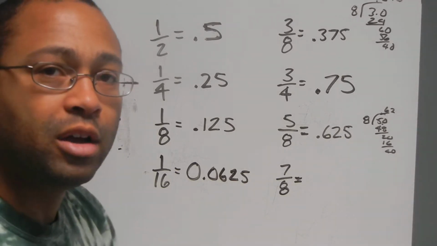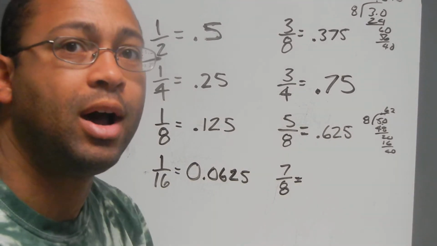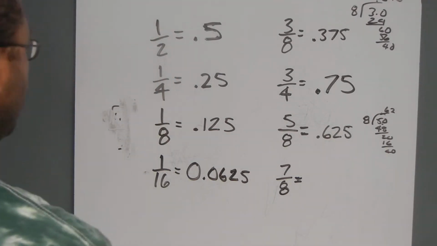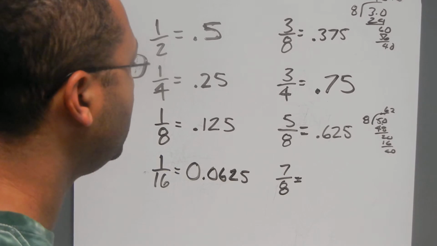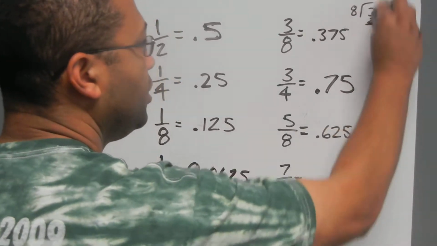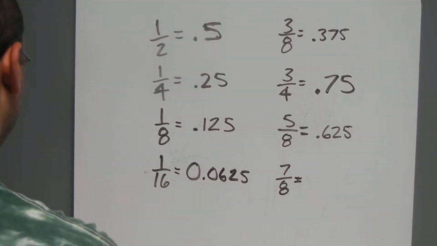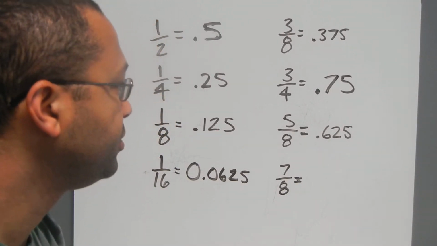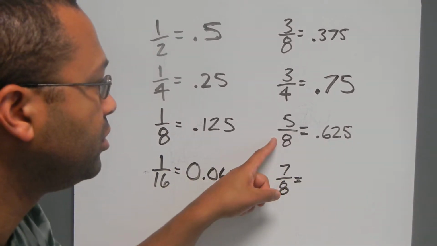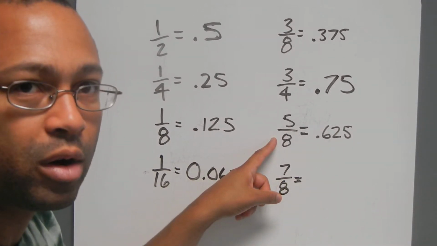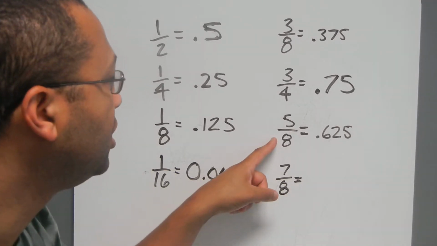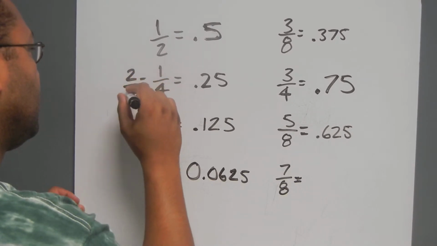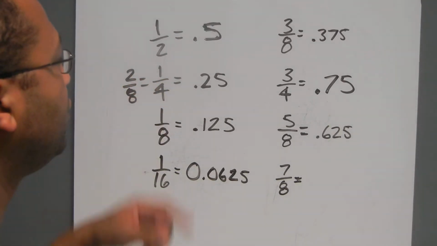Now, here's something that you could do to help out with figuring out something a little bit harder. Let's go ahead and erase everything that we don't need so far. We could figure out how much 7/8 is without even converting any fractions. 7/8 is 2 more 8ths than 5/8. 2 eighths, also known as 1/4.